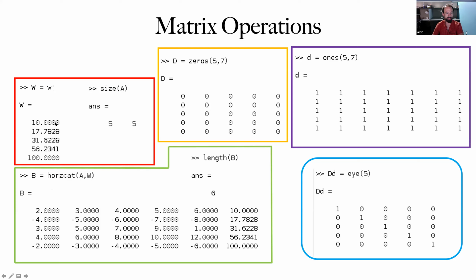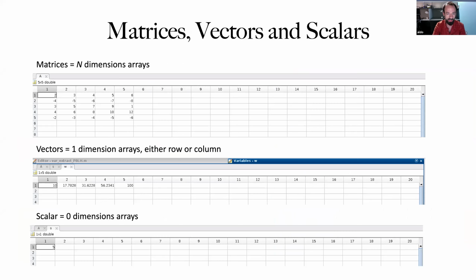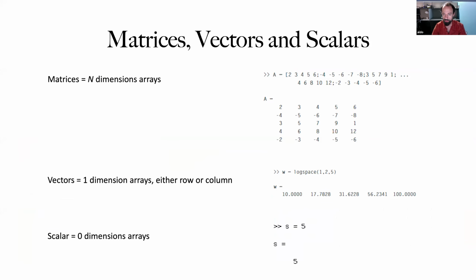So you can see that the column vector, capital W, is added on the right side of the matrix. And there are way more built-in functions that allow you to build your matrices. For example, you can see this logspace.